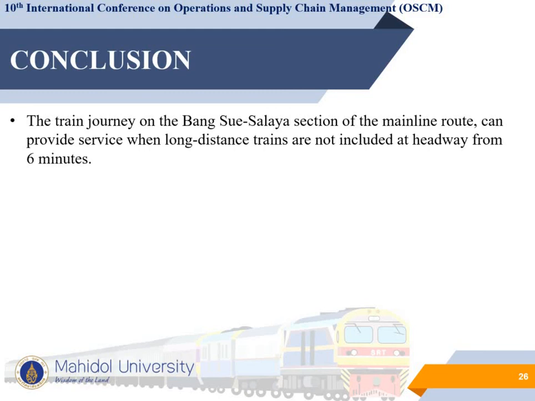From the study of train operations with mixed traffic of long distance trains and freight trains with Red Line trains, when train types have different speeds, different operation patterns, and different reserve and release, the operation of train journeys needs consideration.